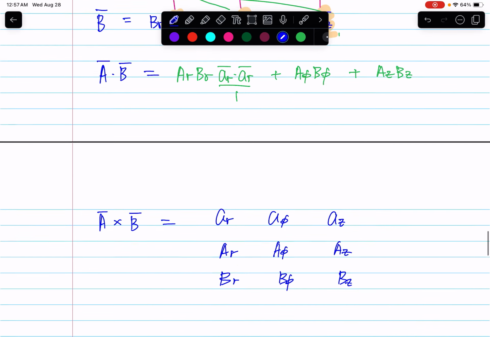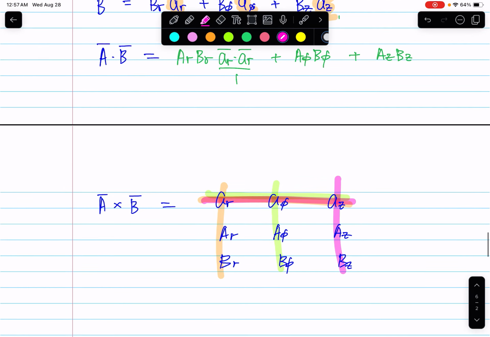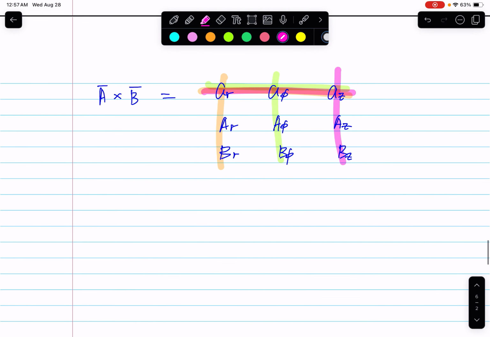Okay? And I'll go and do these multiplications throughout, and the result would look very similar.